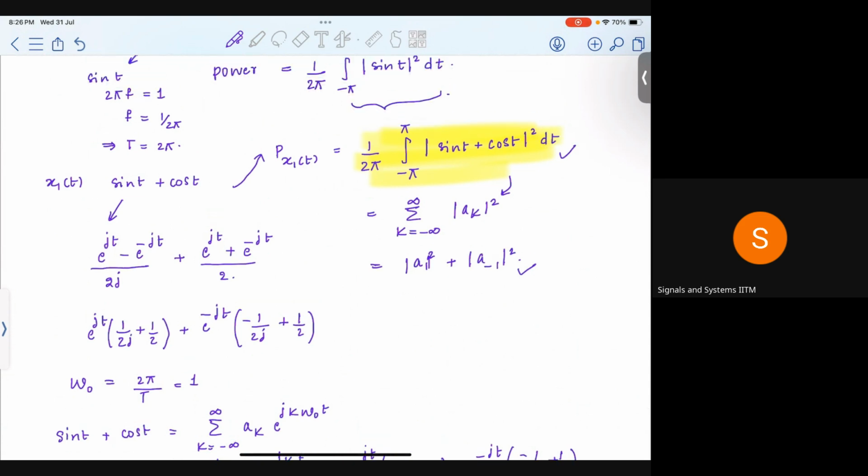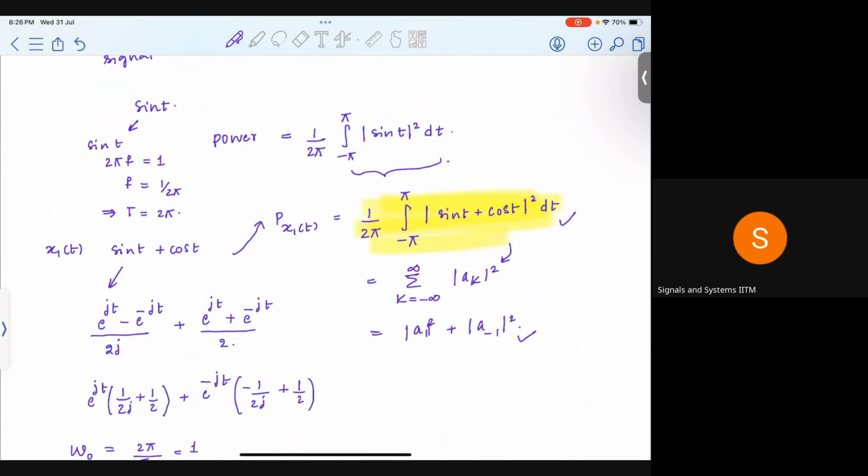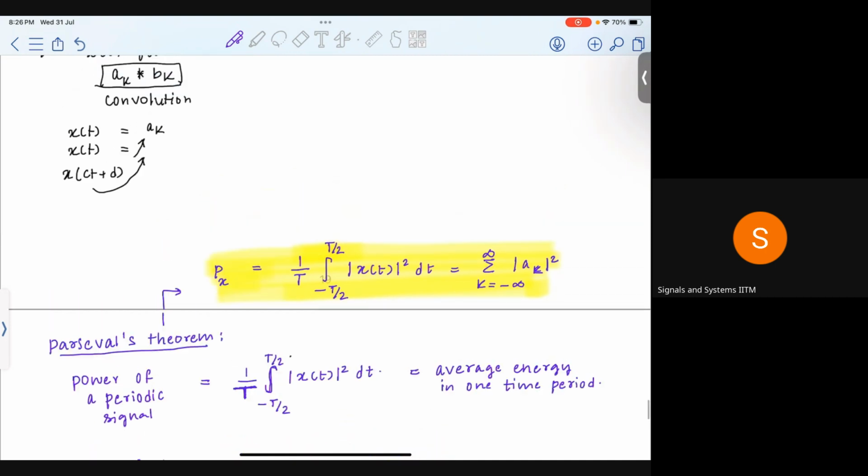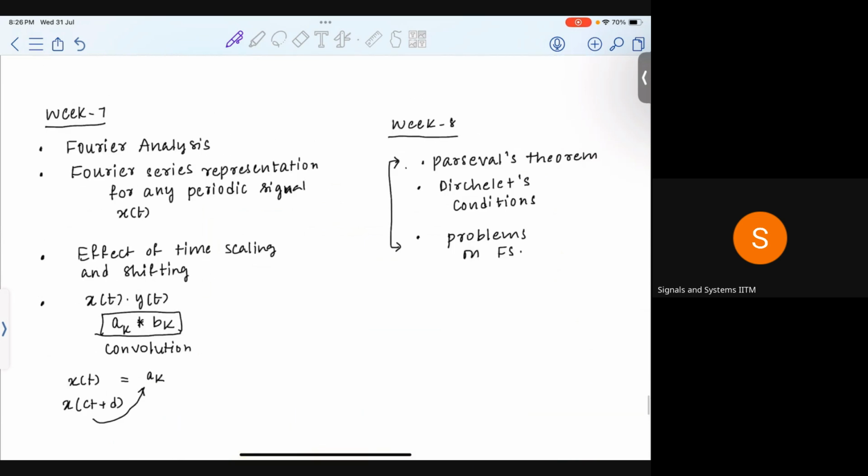To summarize, Parseval's theorem states that the average power of any periodic signal is equal to the sum of the squares of the magnitudes of the Fourier series coefficients. So that's the idea. Hope it is clear. So that is Parseval's theorem.